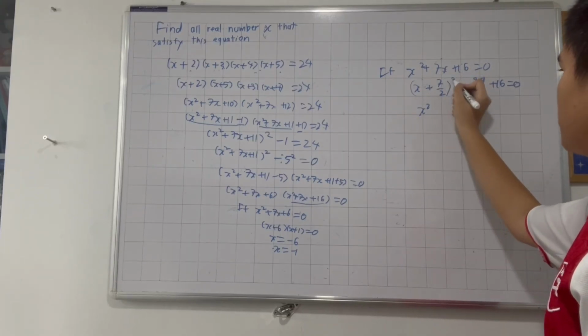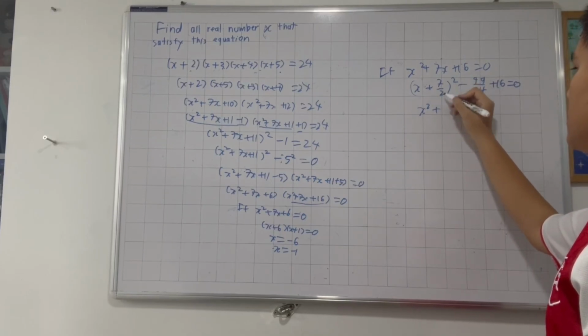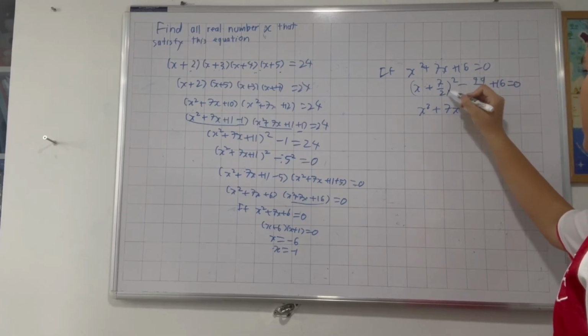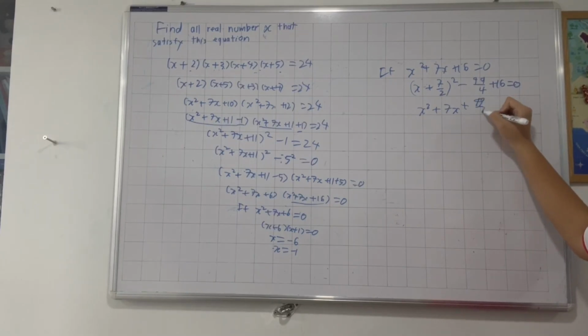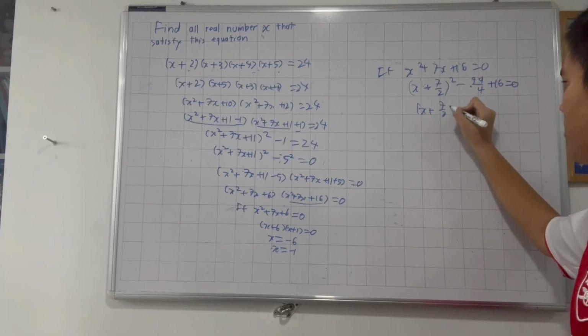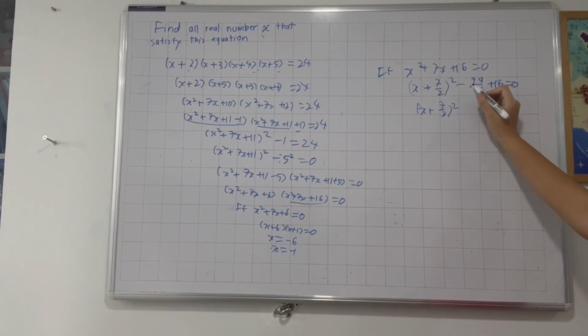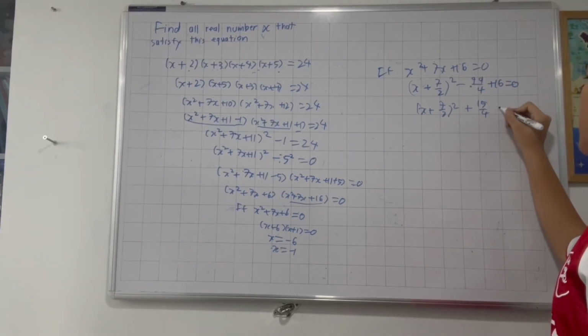This will actually equal x times 7 times 2, which is 7x, plus this extra 49 over 4 here, and that's why we have to cancel it out on the outside. And when we add this up, 16 times 4 is 64, minus 49 is 15. It's plus 15 over 4.